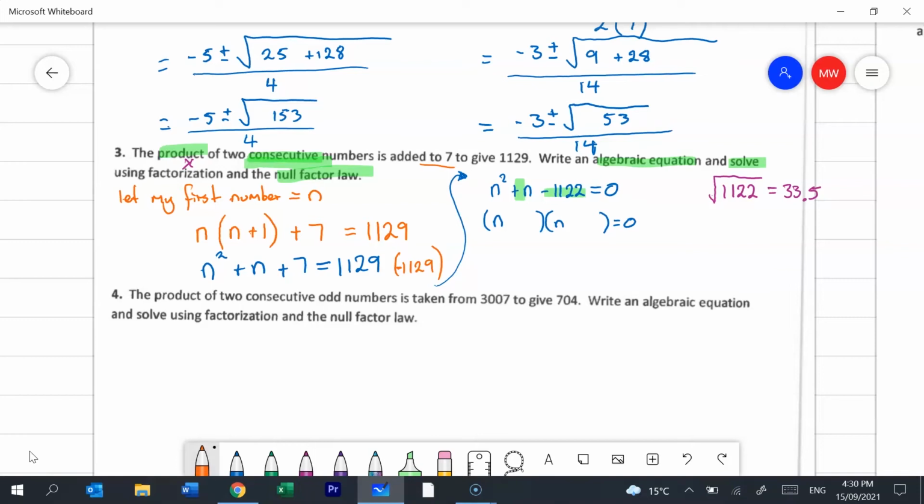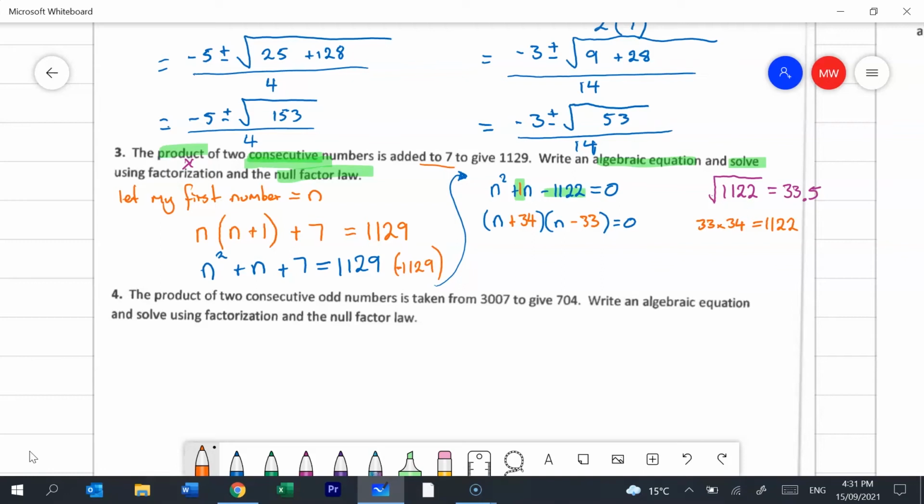So I'll tentatively put in plus 34 minus 33 and see if that works, because 34 minus 33 makes 1, so that would satisfy this. So in my calculator again, 33 times 34, yes indeed that does make 1122, so they are my factors.